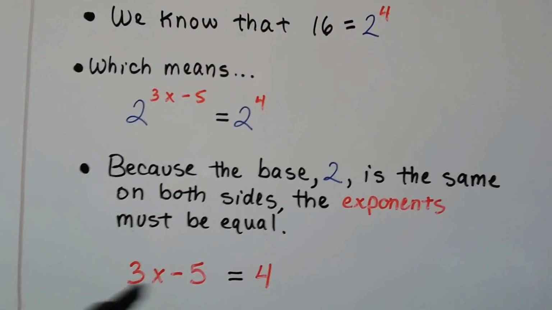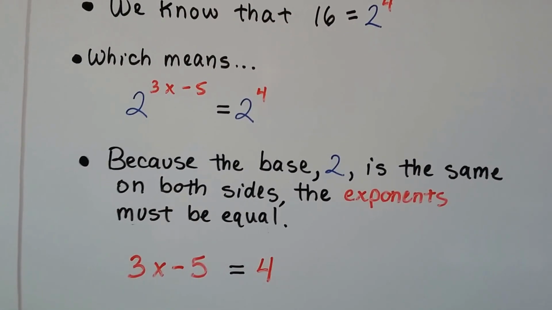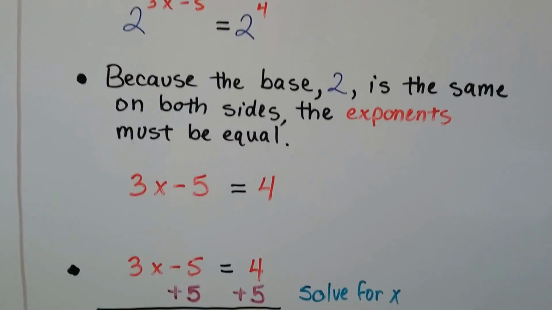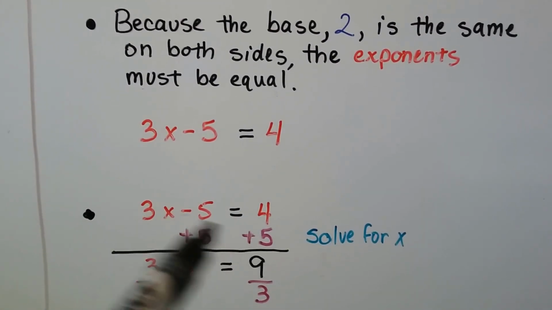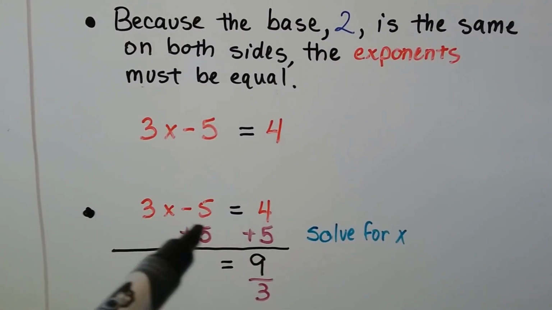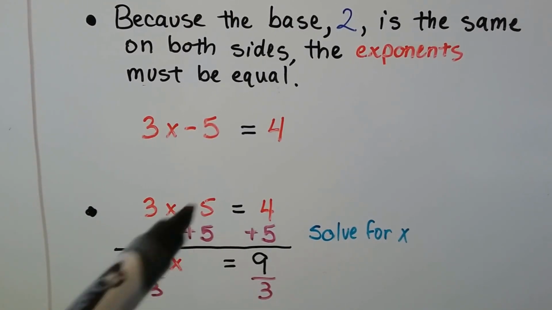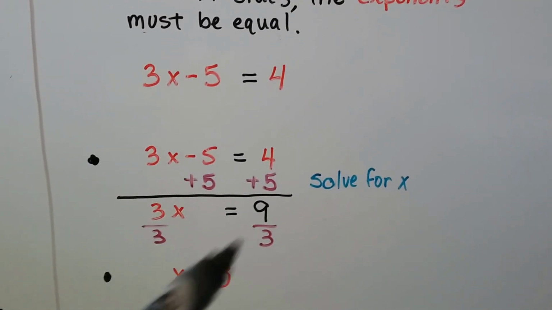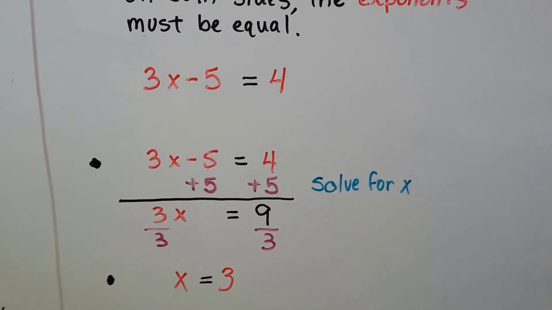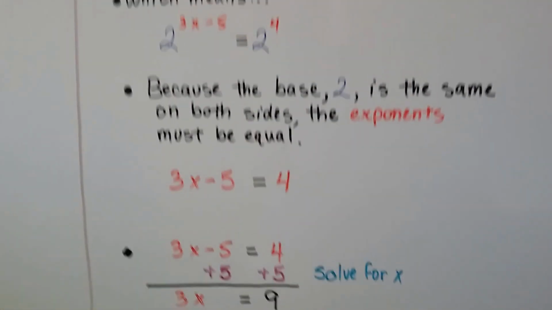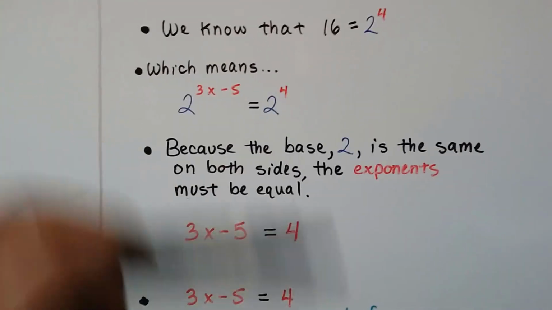So we have 3x minus 5 equals 4. That's Algebra 1. We can do that, right? We get rid of this negative 5 on each side by adding it, and we get a 9 over here, and we get a 0 here, and we get the 3x. We divide both sides by that coefficient 3, and we get x equals 3. All right? That was easy, right? But it worked because the bases were the same, see?